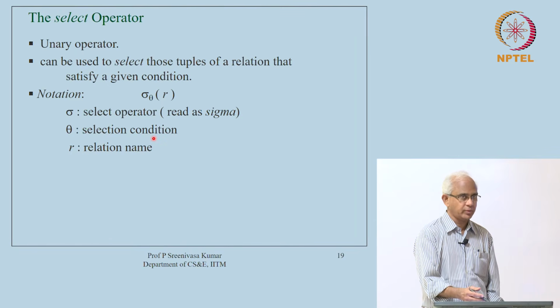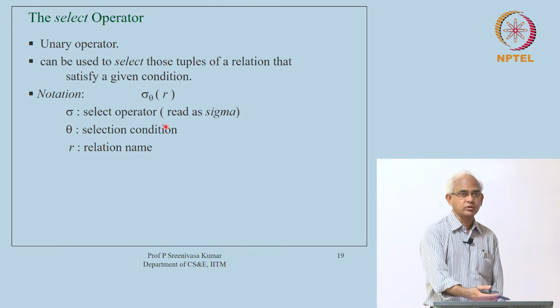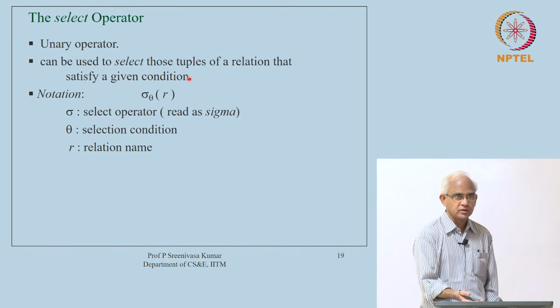So, it is a very simple operator. It basically takes a condition and then returns all the tuples in this relation instance R that satisfy that particular condition. So, it gives a new relation instance, and it is easy to see that the scheme of the new relation instance is the same as the scheme of the input relation.